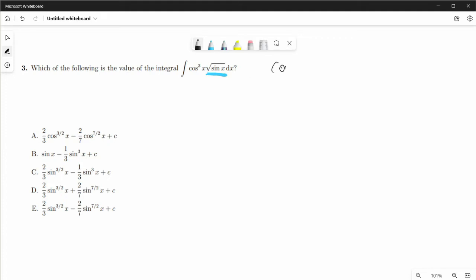Right? So we have the Pythagorean trig identity, right? I can convert this into 1 minus sine squared. I have a cosine, and then I have a cosine squared, which I will write as 1 minus sine x squared. And then I will write the square root as 1/2.